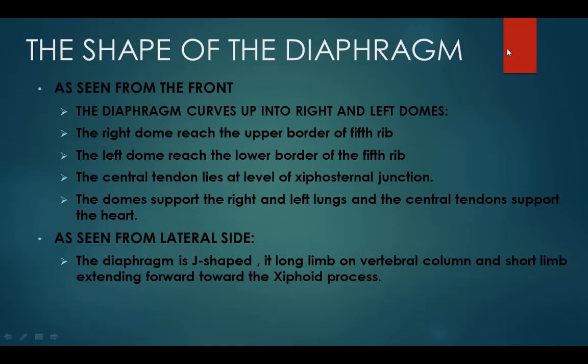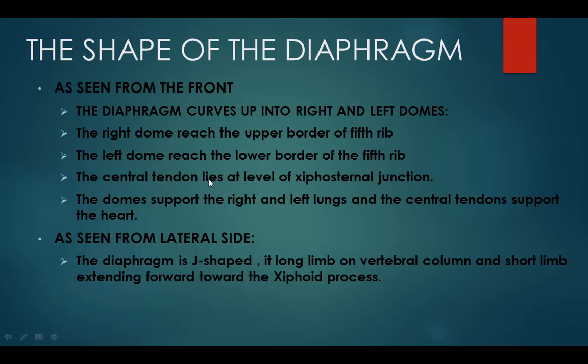As for the shape of the diaphragm, as seen from the front, the diaphragm curves up into right and left domes. The right dome reaches the upper border of the 5th rib. The left dome reaches the lower border of the 5th rib. So both of them reach the 5th rib, but the right at the upper border and the left at the lower border.